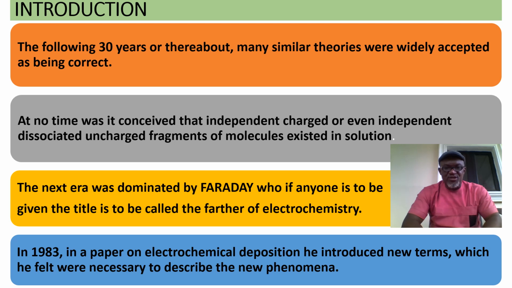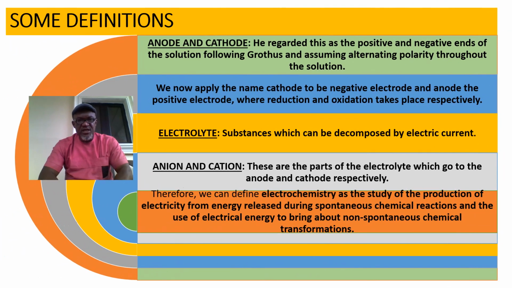Now, the next era was dominated by Faraday. Remember I said if anybody was to be called the father of electrochemistry, it was Faraday. So he now brought in a lot of clarifications in all these things that have been happening. And that's why we have some of the definitions now, anode and cathode.